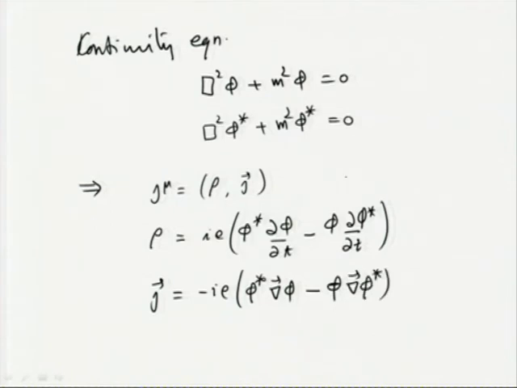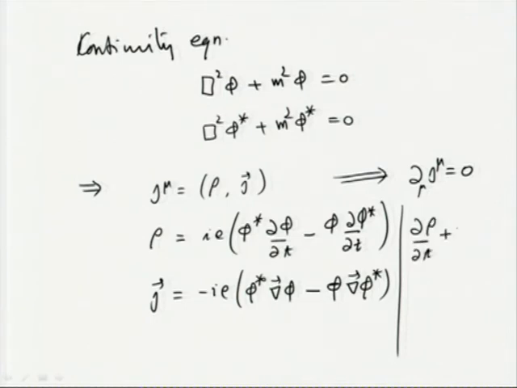And with this we had dou mu j mu equal to 0, and in terms of the components that is dou by dou t of rho plus divergence of j equal to 0, which is basically the continuity equation.